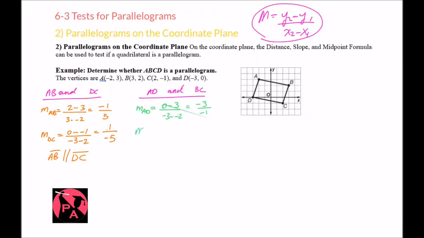So slope of BC is equal to, here is my x1, y1, x2, y2 values. Subtract the y values, negative 1 minus 2 divided by 2 minus 3. It becomes negative 3 over negative 1. So since their slopes are the same, that means the sides AD and BC are parallel.